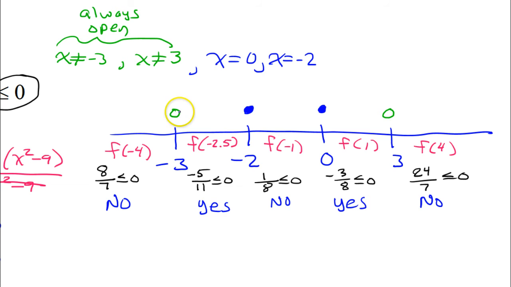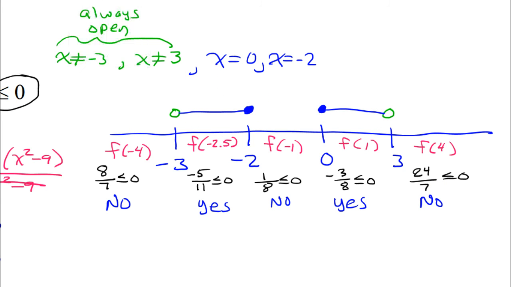So that tells me that all of these points between -3 and -2 are solutions. Okay, so I show my solutions that way. These areas where it says no, that means this is not a solution, so I'm going to leave those blank. But here's another yes, so that's going to go like this. And then a no. So this is a graph of my solution set.